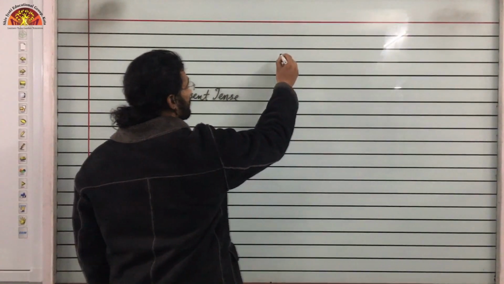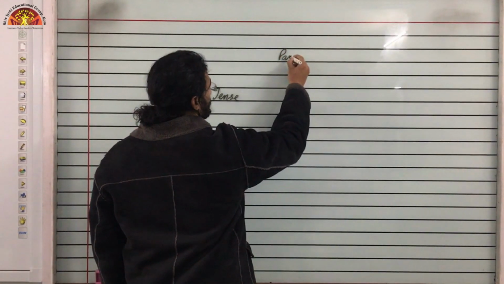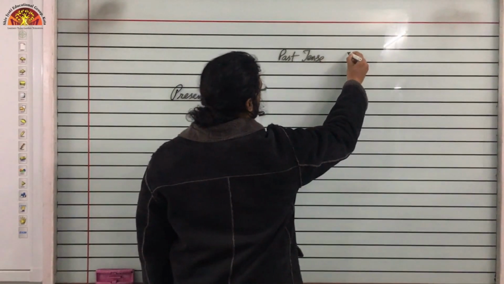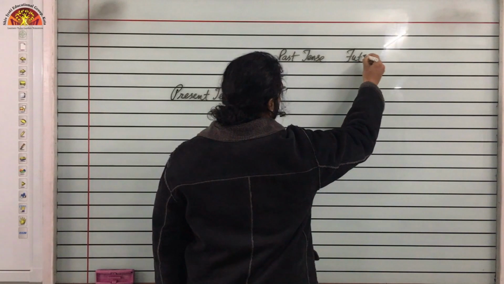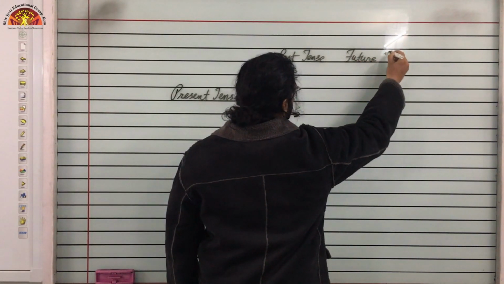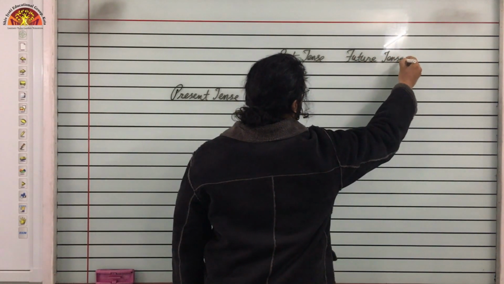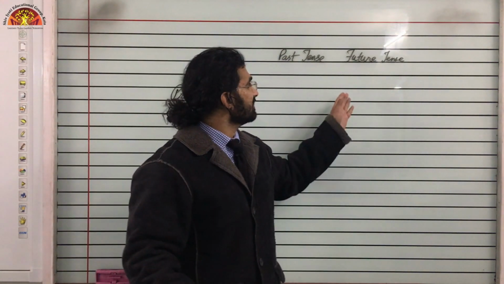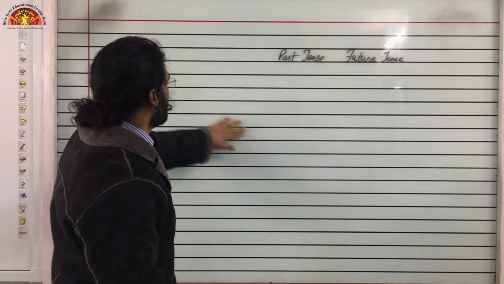Today, we will talk about past tense and future tense. Past tense means gone events, done events, and future tense will be about future events, events which are likely to take place in the future. Now we will begin with past tense.